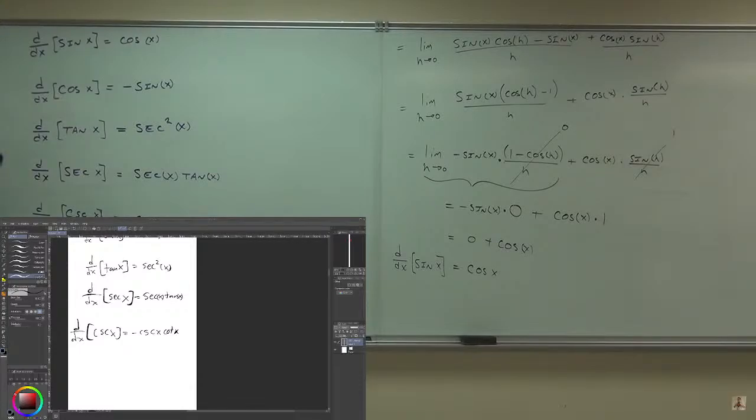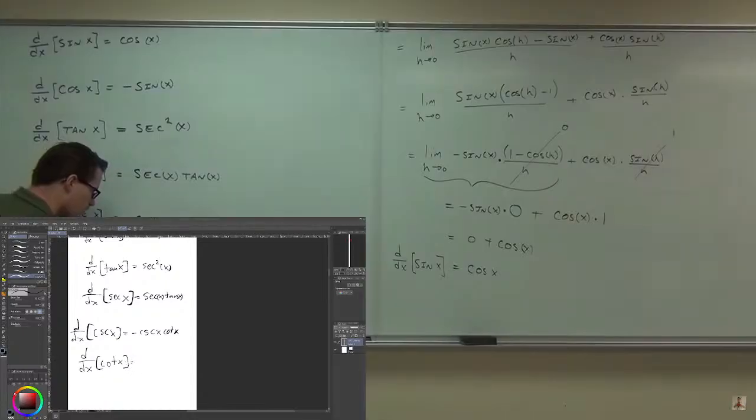Last one. Cotangent. Make sure I'm right. Yeah. Negative cosecant squared x.